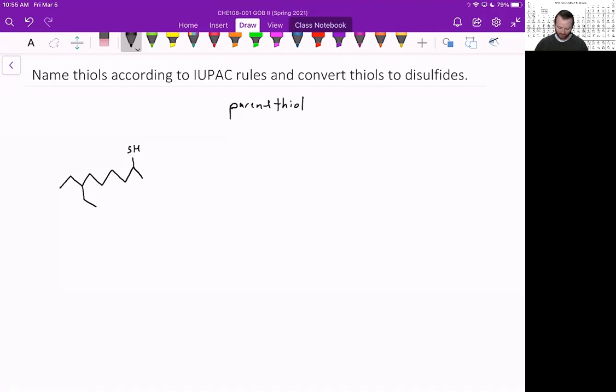Before thiol is the location of the thiol. And then the rest is naming the molecule like you would an alkane.